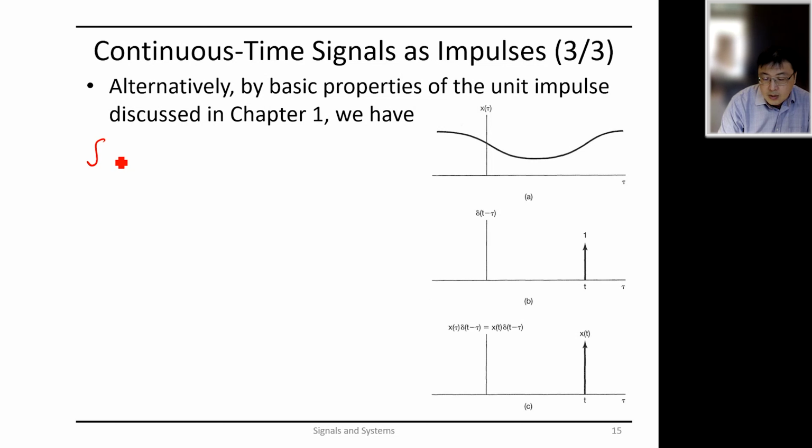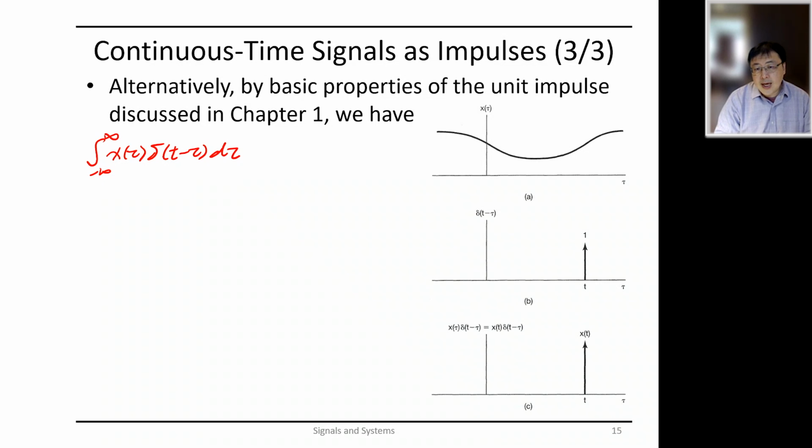If you take the integral of x of tau delta of t minus tau d tau, we know that when you multiply x of tau with a delta function at time t, you will only get a non-zero value at time t.